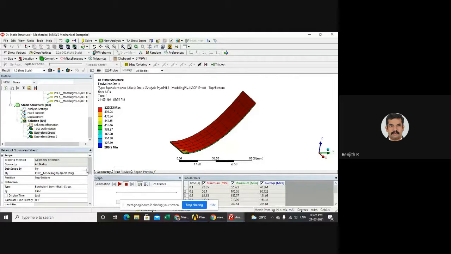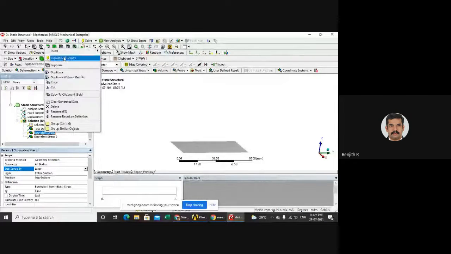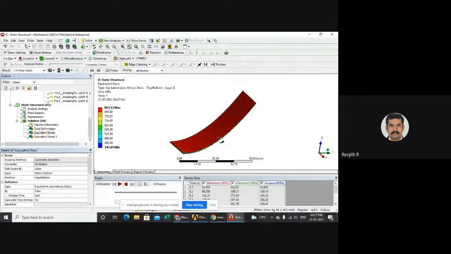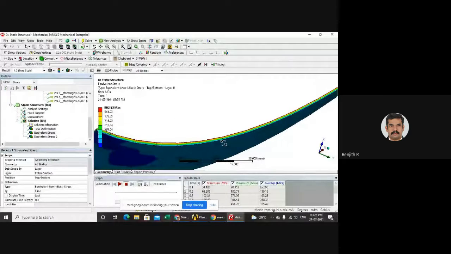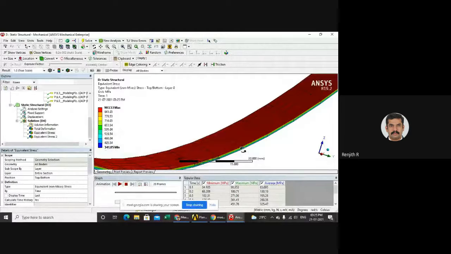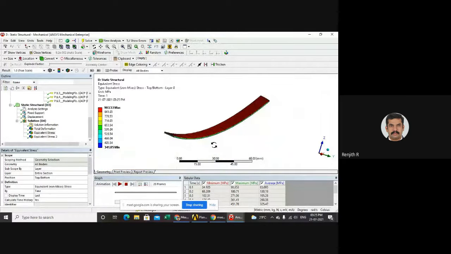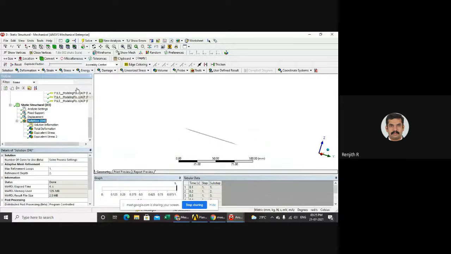For example, if you calculate here, you can see this is the total variation, and if you closely observe, you can see the variation with respect to plies. If you are interested in each and every ply, you can create the results according to the plies.